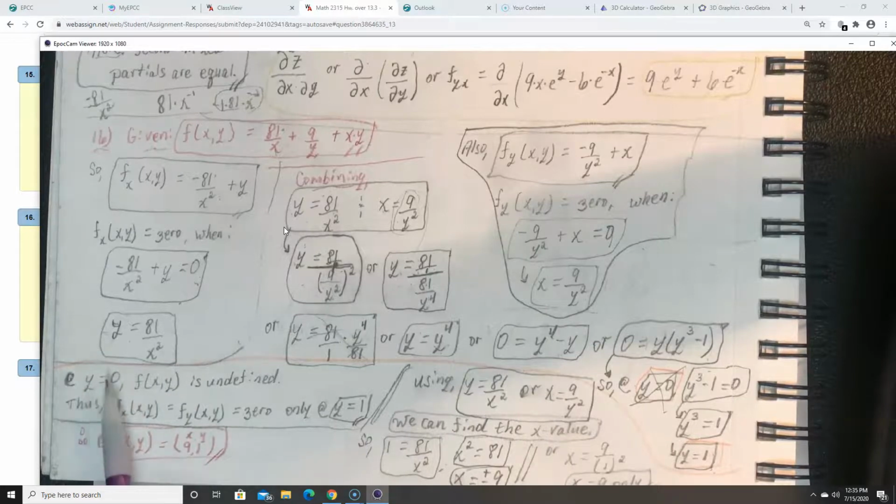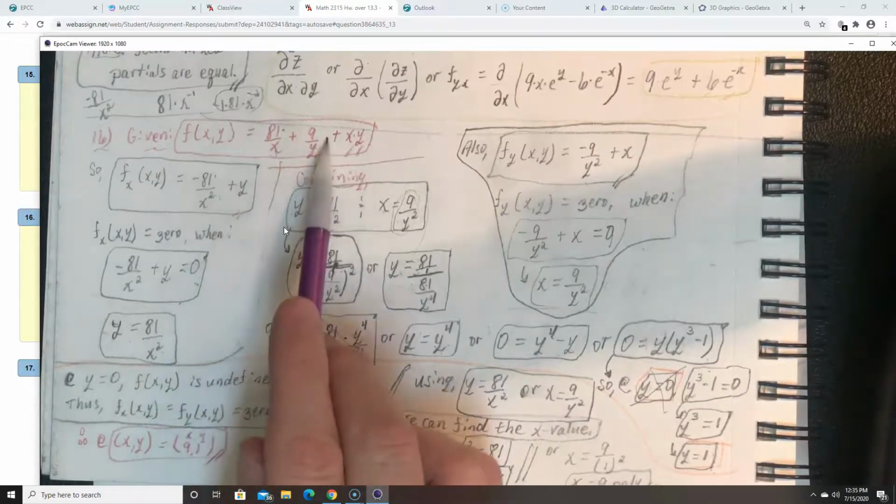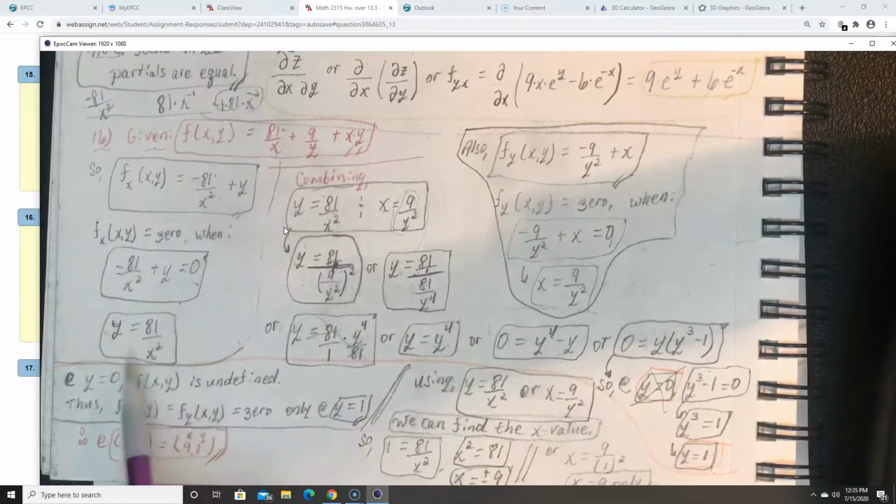I wrote over here, at y equals 0, f of x, y is undefined, which I told you about because you get 9 divided by 0. Thus, the partial derivative of f with respect to x and the partial derivative of f with respect to y can only equal 0 at y equals 1, not y equals 0, because the function is not defined at y equals 0, and therefore it can't have a mapping.